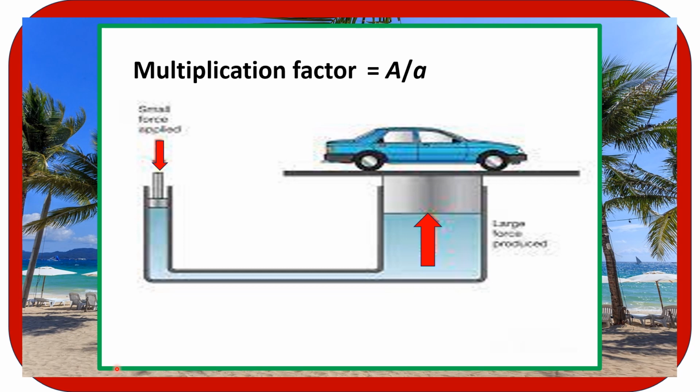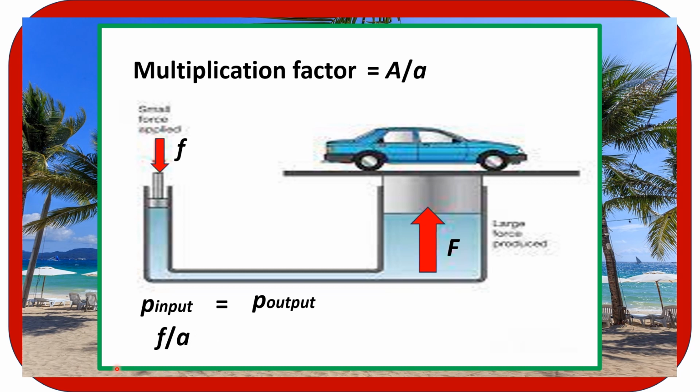Alright? And since we know that liquid is incompressible, the input pressure in the small piston is just equal to the output pressure, or the pressure that is exerted by the hydraulic liquid on the bigger piston.